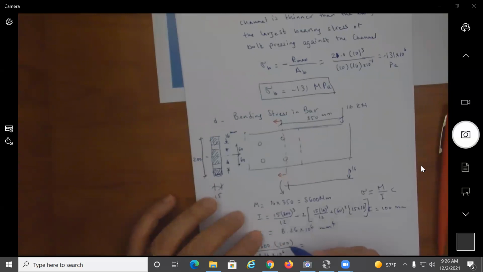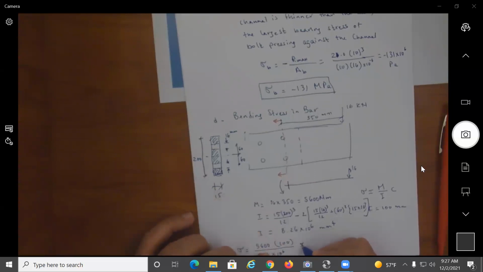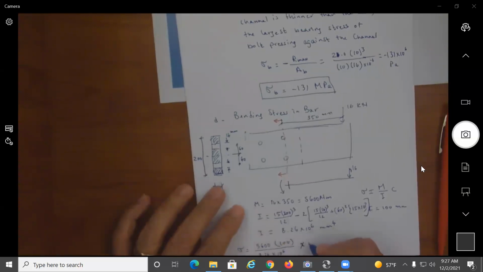So we have millimeter divided by millimeter. So I have millimeter cubed. So to clear out the math, if I multiply up here 10 to the minus 12 and 10 to the plus 3, this should be 10 to the power 9 to get it in Pascal.